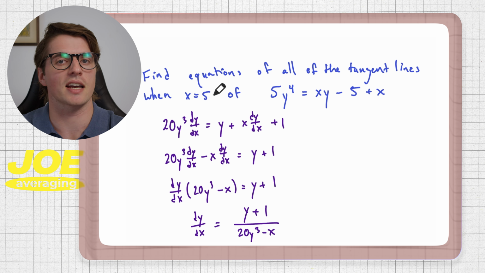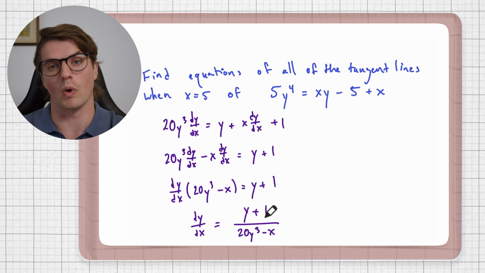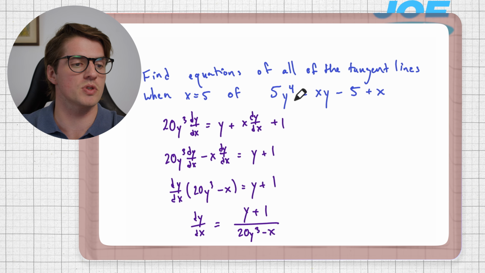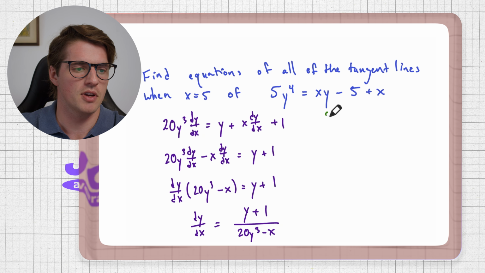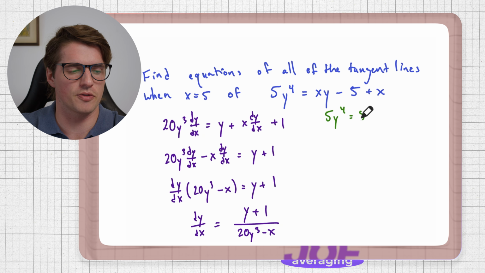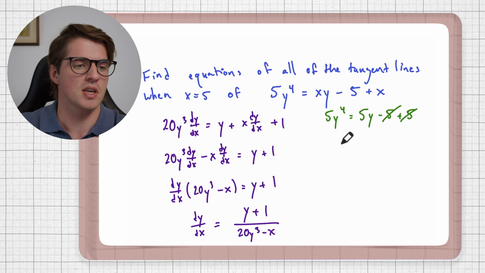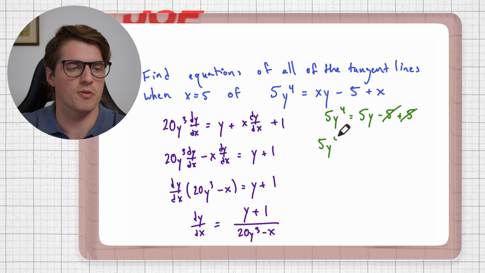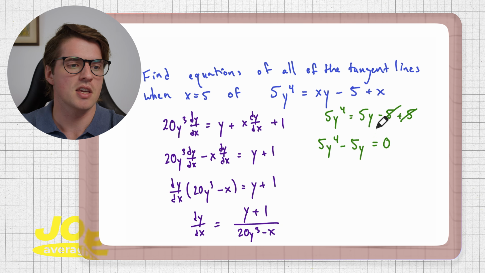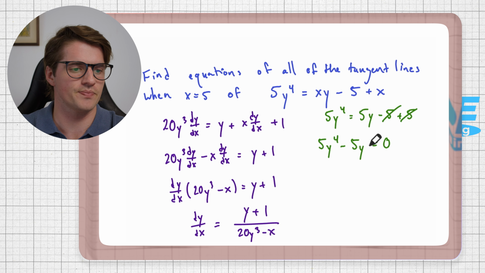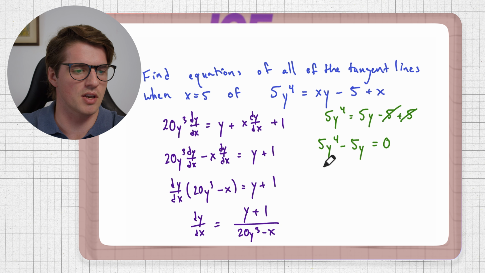Okay, so if we plug in x equals 5, we'll see that we still need a y value. And so what we can do is we should actually plug in 5 here first. So we have 5y to the 4th is equal to 5y minus 5 plus 5. That will cancel. And be careful here. It's important for us to not lose one of our zeros. What I mean by that, if we were to divide by 5y, we would have y to the 3rd is equal to 1, and we might end up losing a 0.